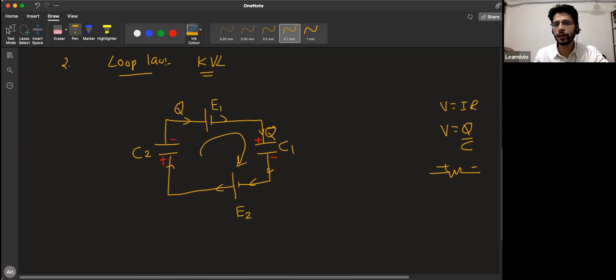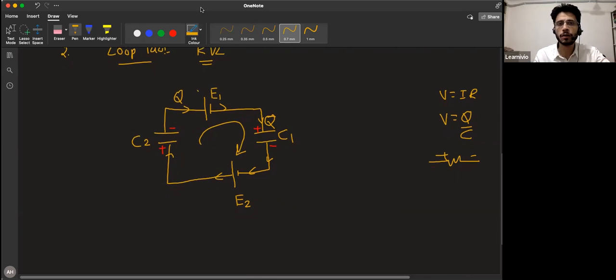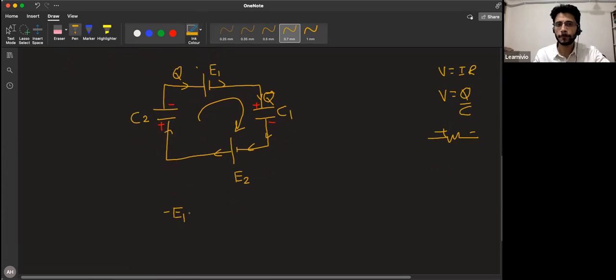Then we can apply KVL here. Let's move in the clockwise direction. When you go from high to low, is it rise or fall? Fall. We take this as negative, minus E1. When we go from positive to negative, high to low, it's a fall, so minus Q by C1.